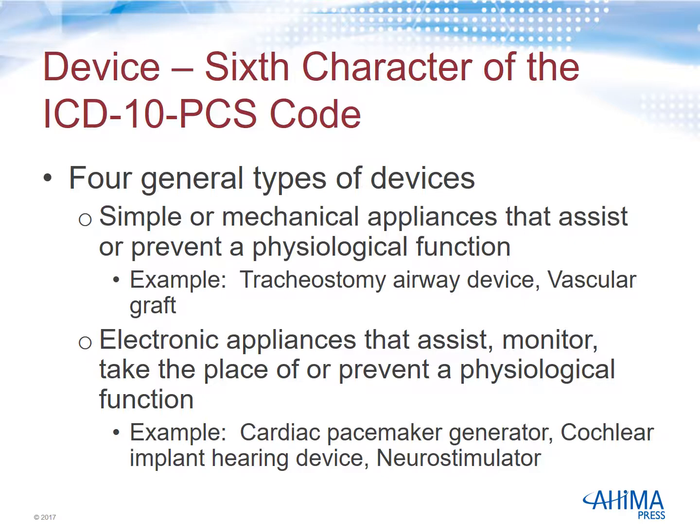Simple or mechanical appliances assist or prevent a physiological function, such as a tracheostomy airway device or a vascular graft. Electronic appliances assist, monitor, take the place of or prevent a physiological function, such as a cardiac pacemaker generator, a cochlear implant hearing device, or a neurostimulator.